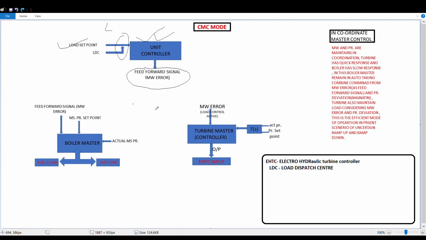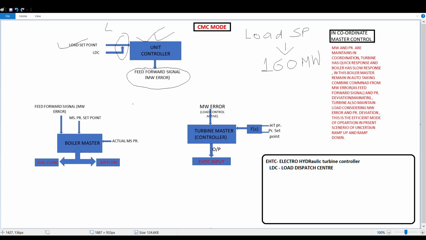Now we will take one example, and I will try to explain how this whole phenomenon goes. Suppose the load set point is 160. We are getting a demand from the grid, the load dispatch center, so they are demanding a load set point of 160 megawatt.